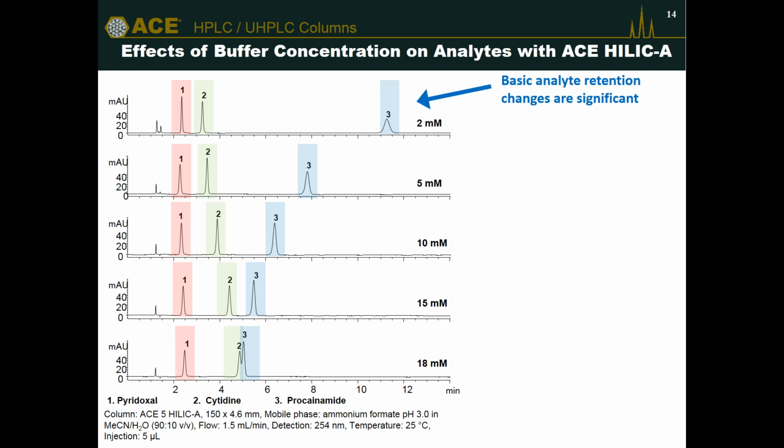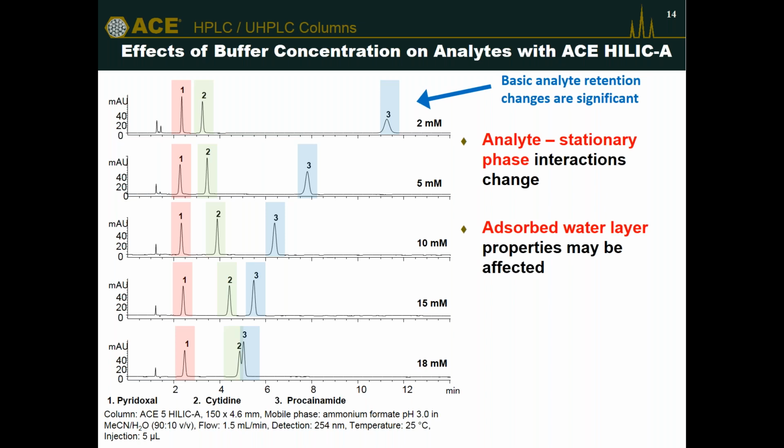And we can see that as we increase the concentration of the buffer from 2 millimolar up to 18 millimolar, whilst keeping all the other parameters the same, we get a slight change in the retention behavior of the analytes. So the basic analyte, this is on, again, an acidic column, reduces in retention as the concentration increases.